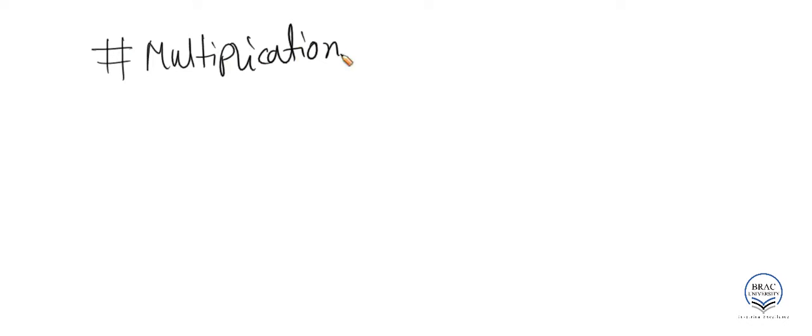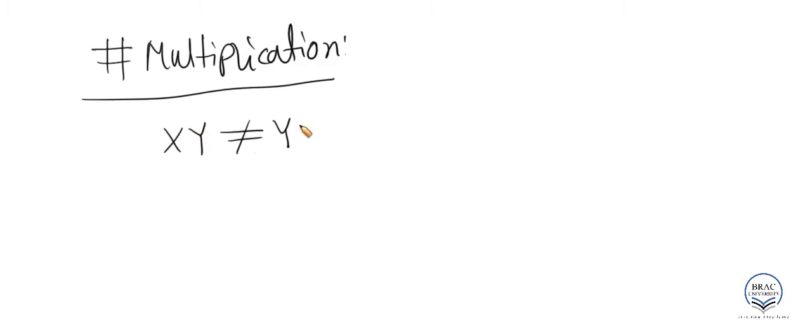Now let's talk about multiplication, and this is where interesting things will happen. Multiplication. So for linear operators, x times y will not always be equal to y times x.